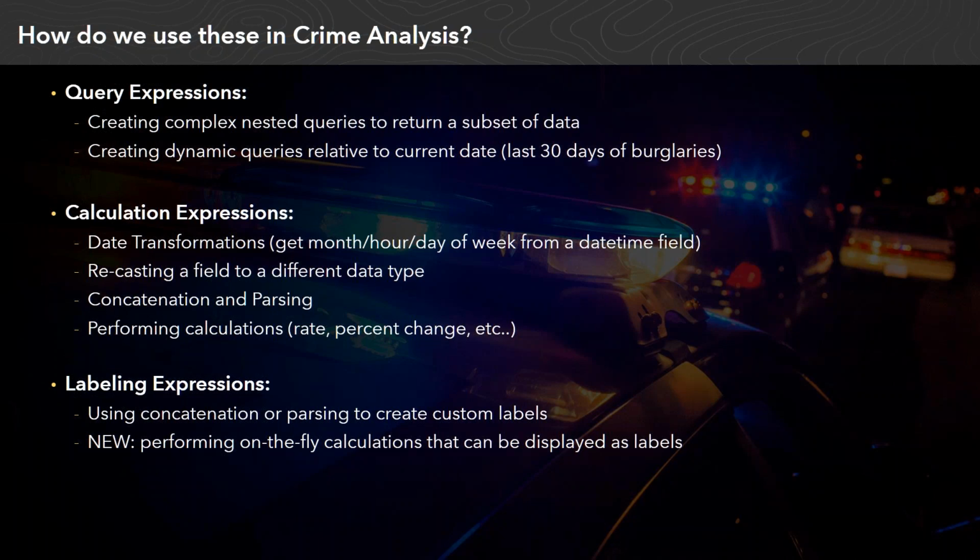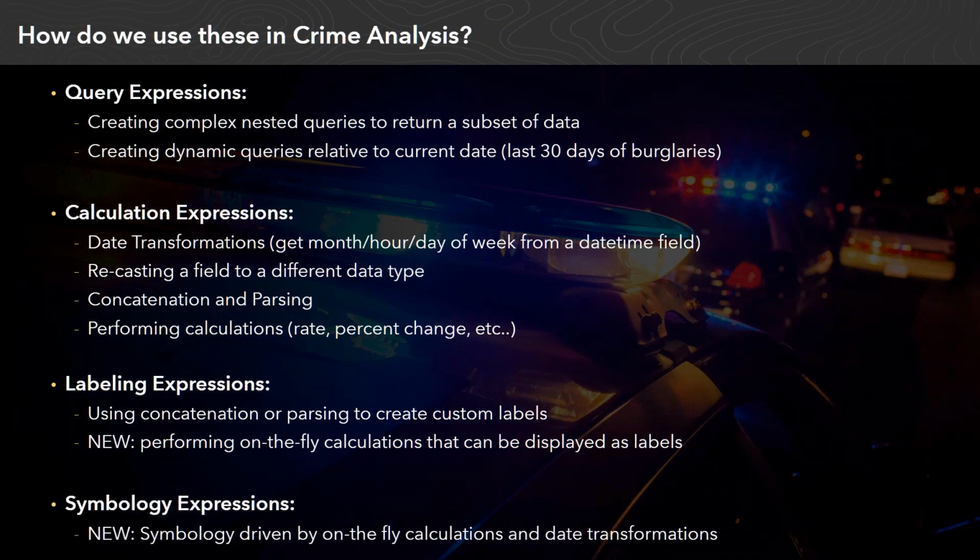So the ability to not only bring in particular fields, but to perform calculations on those fields on the fly. So instead of having to do a calculation, create a new field, and calculate it in order to display a rate or a percent change, you can perform that calculation as a label on the fly, which is a powerful new capability that's been recently introduced to the ArcGIS platform.